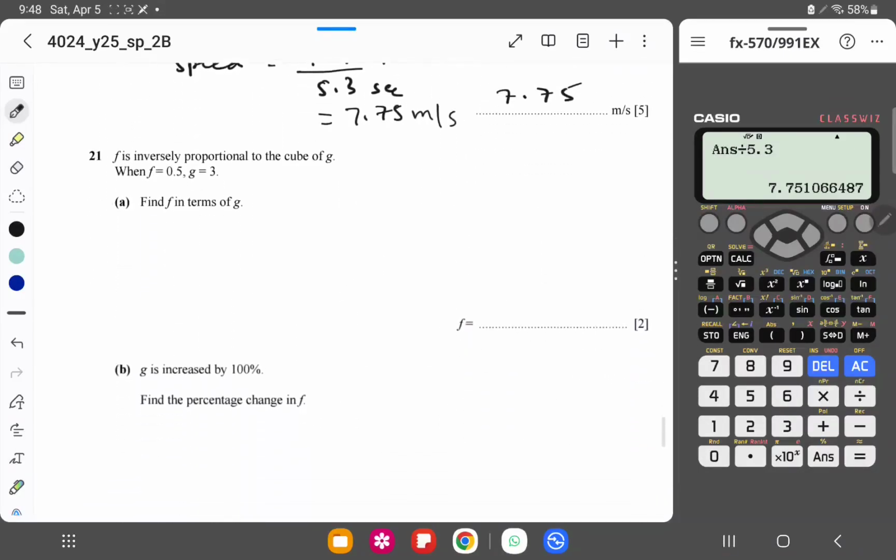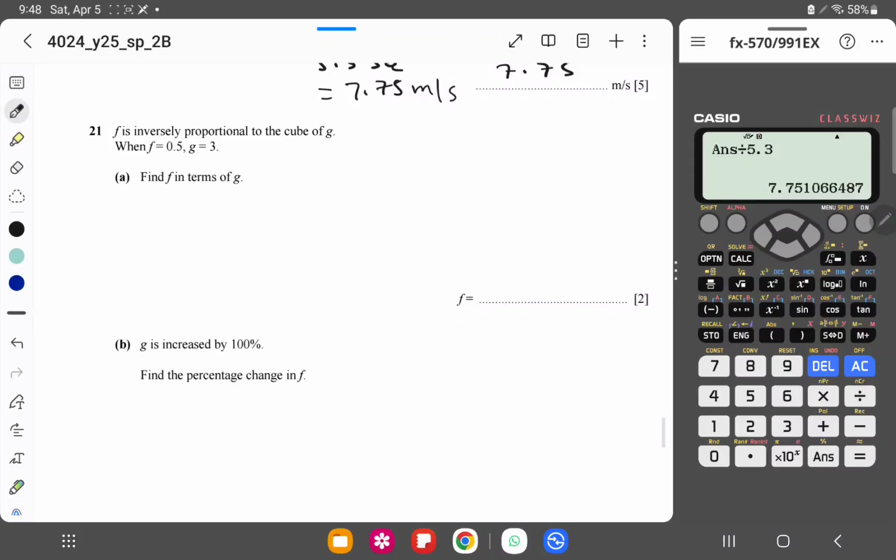The next question, question number 21. F is inversely proportional to the cube of g. When f is 0.5, g is equals to 3. Find f in terms of g. F is inversely proportional to g cube. F is equals to k upon g cube. 0.5 is equals to k upon 27. 3 cube is 27.